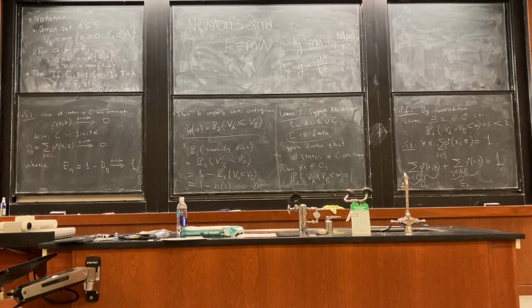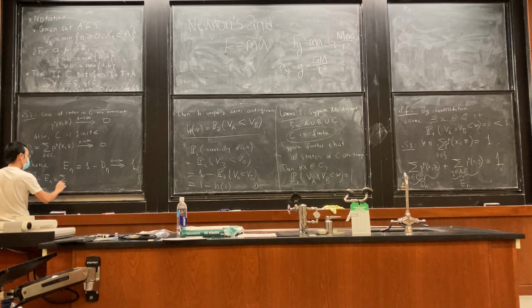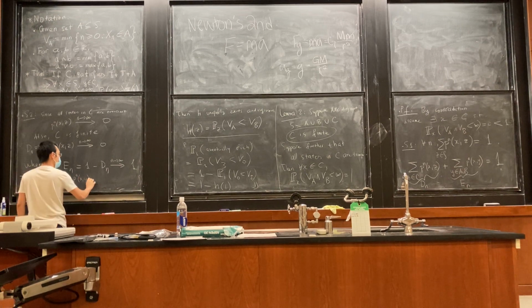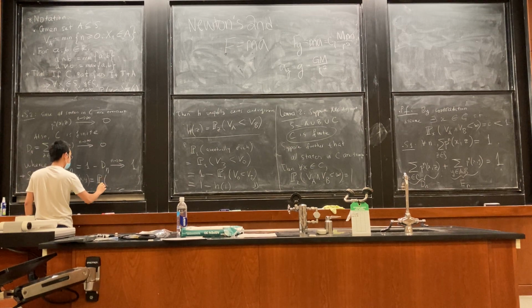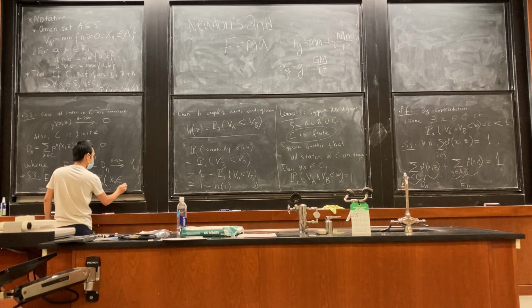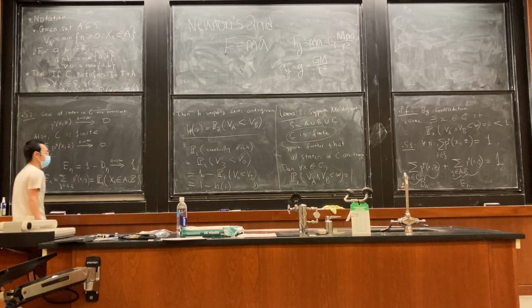Okay, so that is one observation. Now step 3, concerning the sum E_n over A union B. I have E_n being the summation over y in A union B of p_n(x,y). This is the probability of starting from little x and being in A union B at step n.